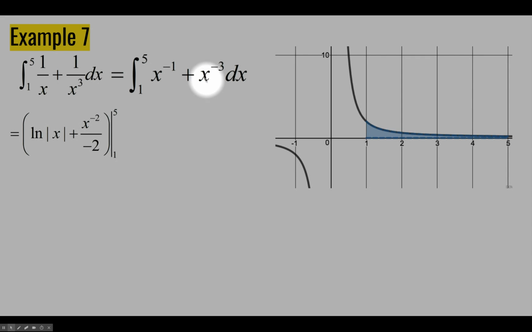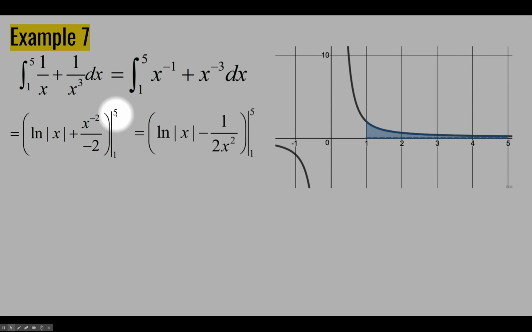And then when we go to take the antiderivative of x to the minus 3, remember, we have to increase the power by 1. So negative 3 plus 1 gives me negative 2. And then I have to divide by that new power of negative 2. So this entire expression is the antiderivative of this beginning expression. And then I'm evaluating that antiderivative from 1 to 5.